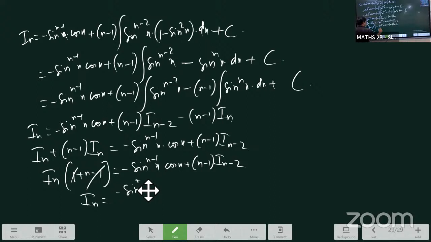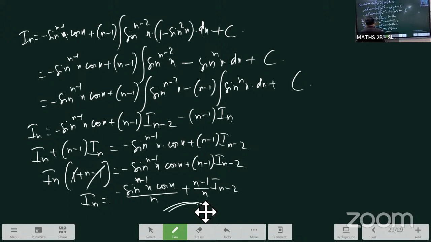That is In equals minus sin^(n-1) x cos x by n plus n minus 1 by n I(n-2). Is it clear?